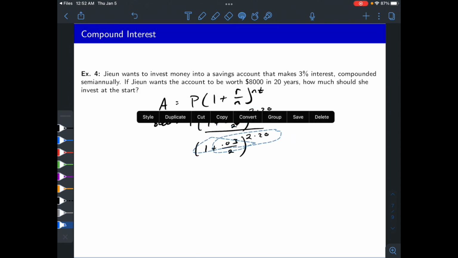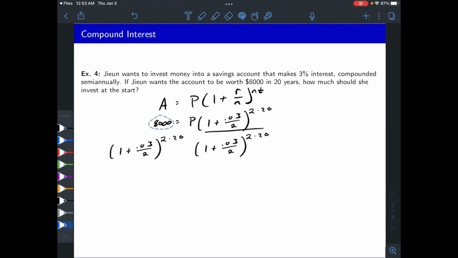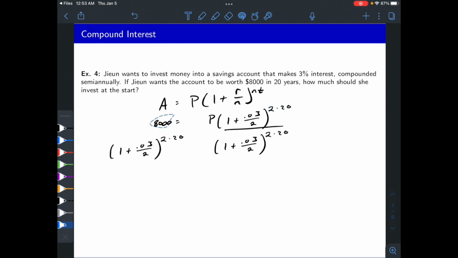Or you could divide both sides of the equation by this. So 8,000 divided by this whole thing is equal to P times number divided by number, so the number cancels out. And so P is going to be equal to this whole thing.